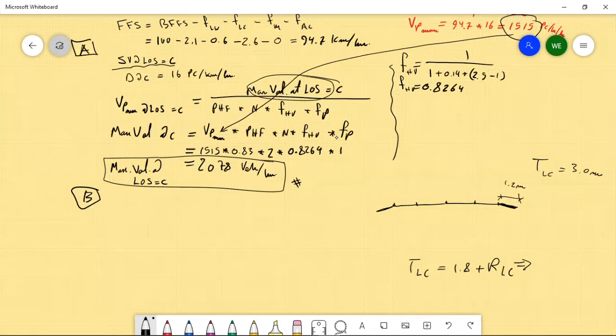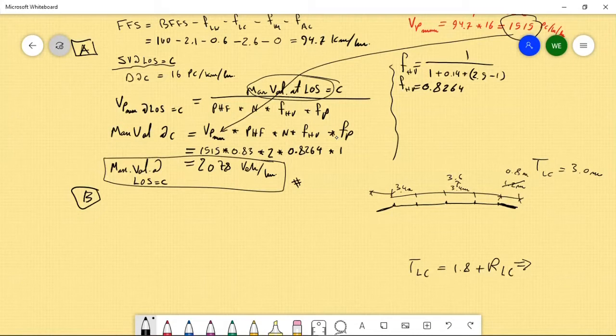Okay, so what can we do? And here we have the lanes. We have 4 lanes, 2 in each direction, and we have 3.4 meter lane width. So what can we do? We can just remove from the shoulder and make it 0.8 meters and increase the lane width to 3.6. That's the first suggestion.